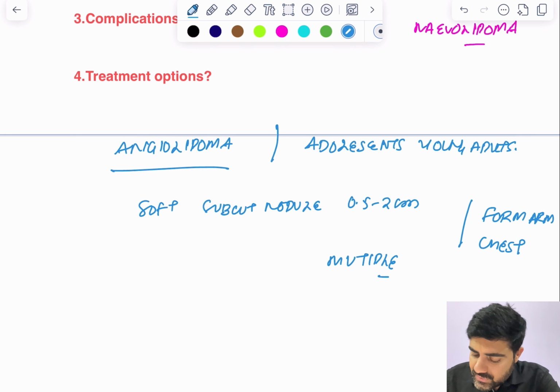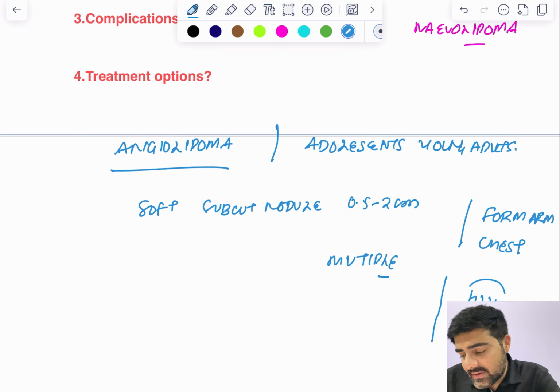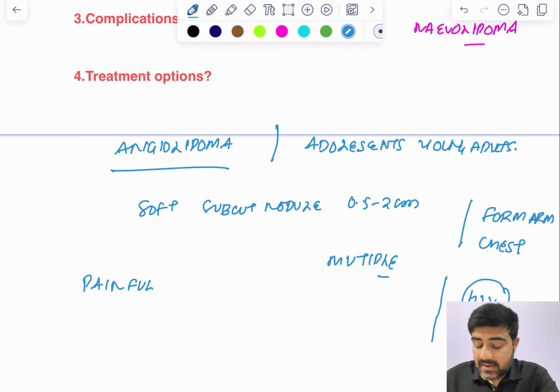There are also reports of angiolipoma seen in HIV patients after ART treatment. They are painful and tender.